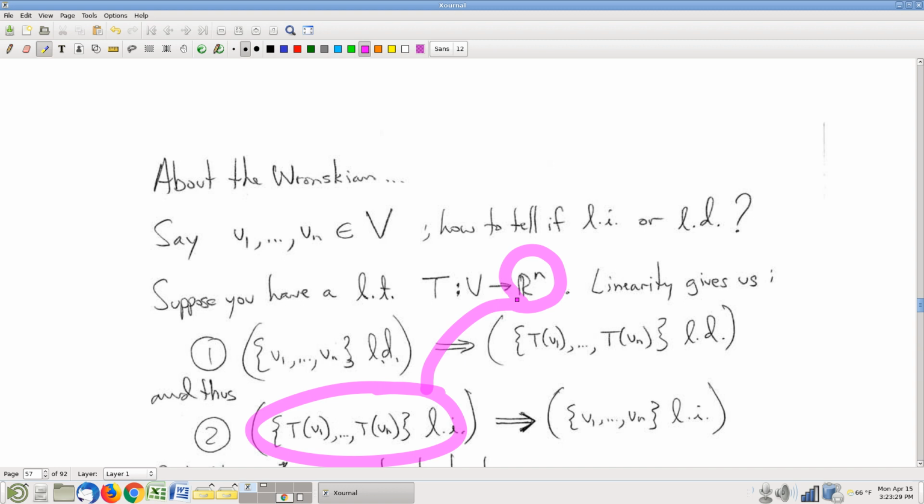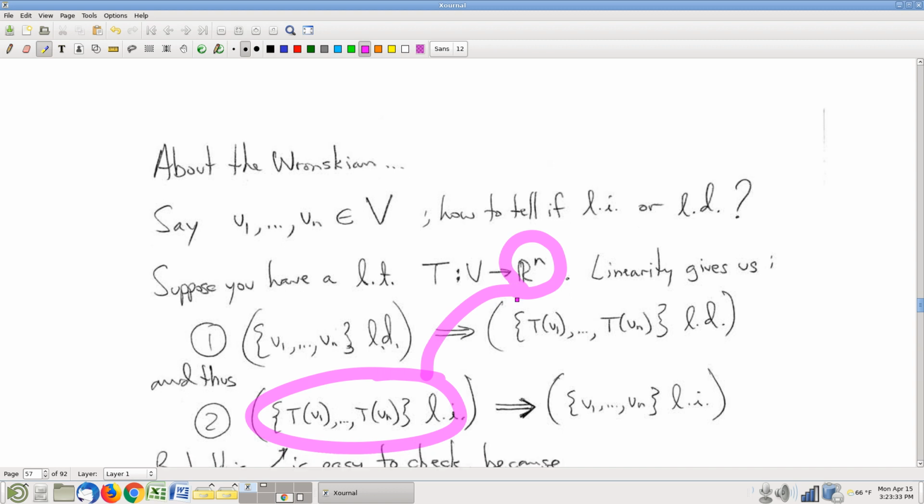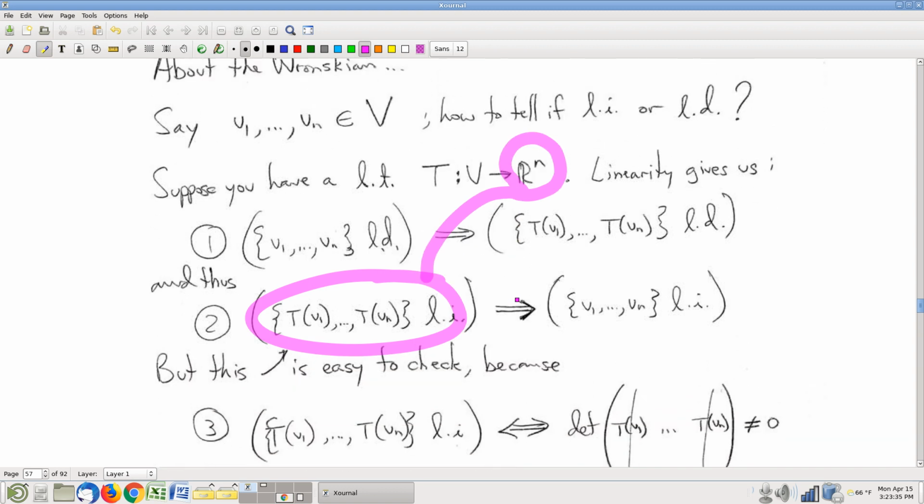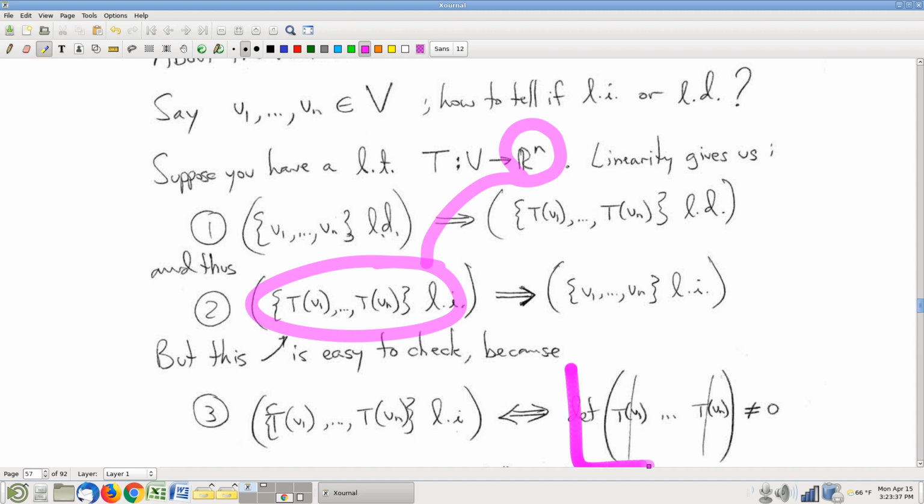These outputs are vectors in Rn, no problem. If you have n vectors in Rn, take those vectors, make a matrix, take the determinant. It's the oldest news in the world. The determinant being non-zero tells you independent.